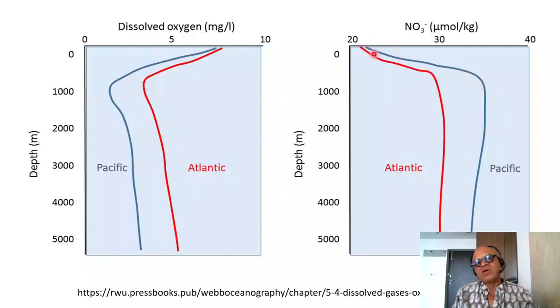As you can see, older waters of the Pacific then tend to have higher nitrate all the way down, whereas the nutrient-poor photosynthesized organic matter sinking here decreases the nutrient profile in the Atlantic, which is like a mirror image of the oxygen profile that you can see here.